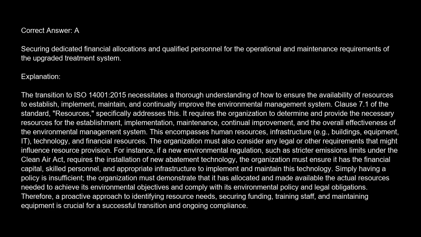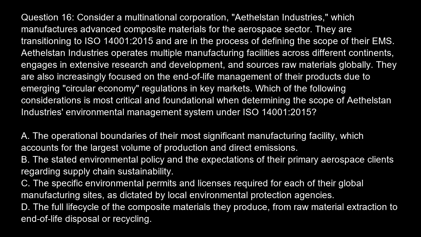The organization must demonstrate that it has allocated and made available the actual resources needed to achieve its environmental objectives and comply with its environmental policy and legal obligations. Therefore, a proactive approach to identifying resource needs, securing funding, training staff, and maintaining equipment is crucial for a successful transition and ongoing compliance.